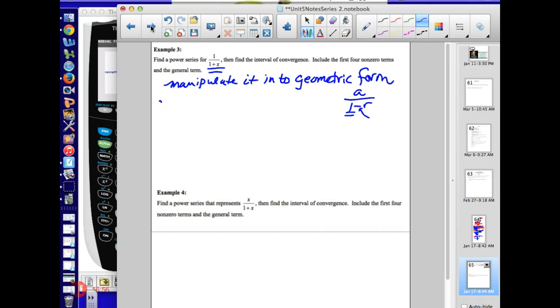So what I'm going to do is say f of x is equal to 1 over 1 plus x. I'm good to go with the 1. I'm good to go with the a. All I'm going to do is rewrite the bottom as 1 minus negative x. Now I'm in what's called geometric form. I've got an a of 1, and I've got a common ratio of negative x.